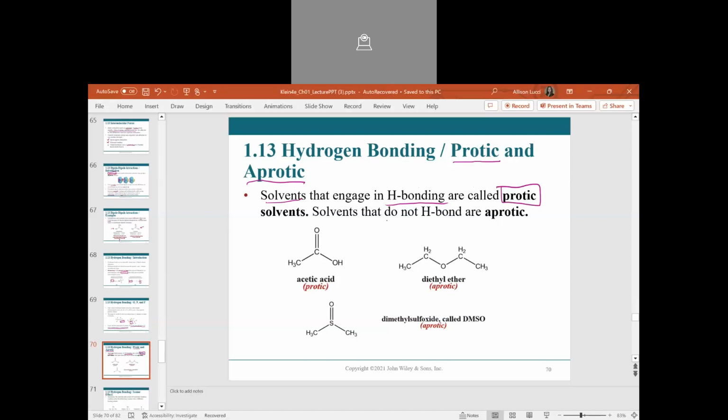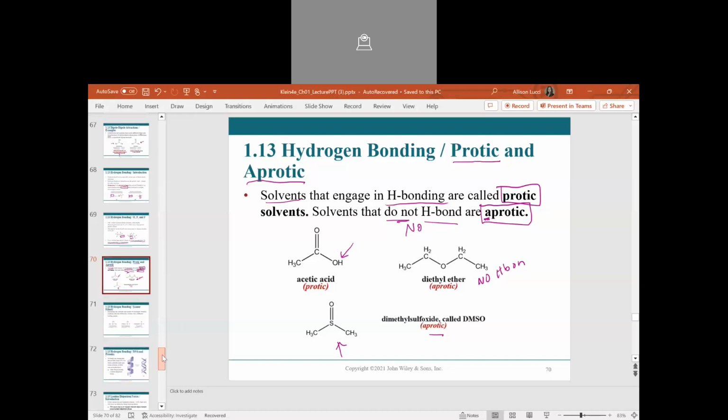And then solvents that do not H bond, so no H bonding, are aprotic, A being the prefix used to say no hydrogen bonding. So we have acetic acid, protic, can hydrogen bond, diethyl ether, aprotic, no H bonding. And then we have some more down here, DMSO, dimethyl sulfoxide, another aprotic solvent that's commonly used.